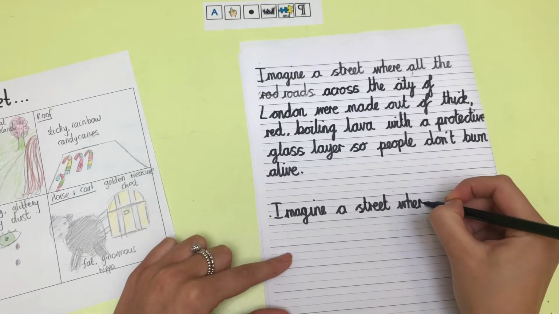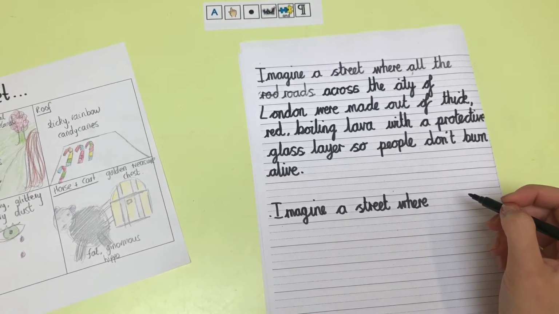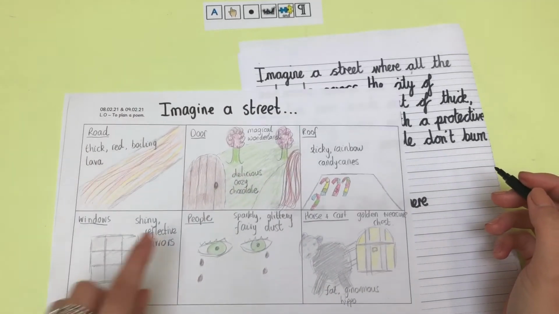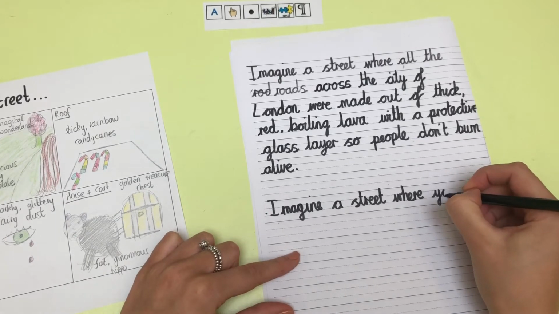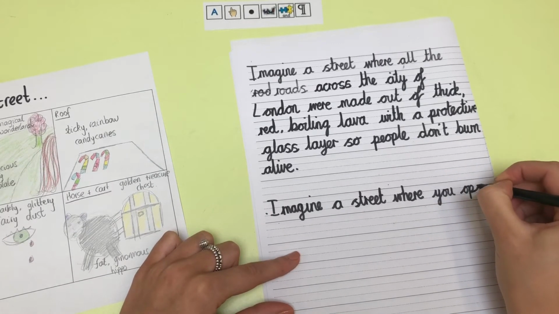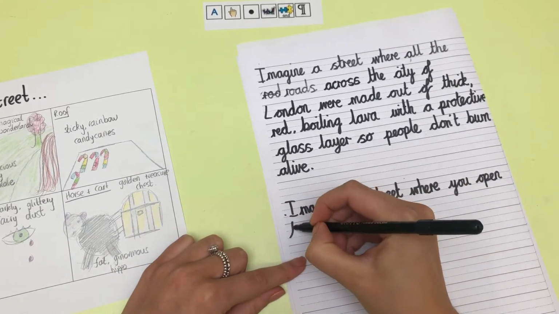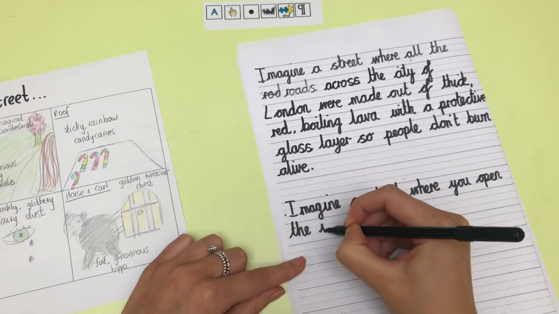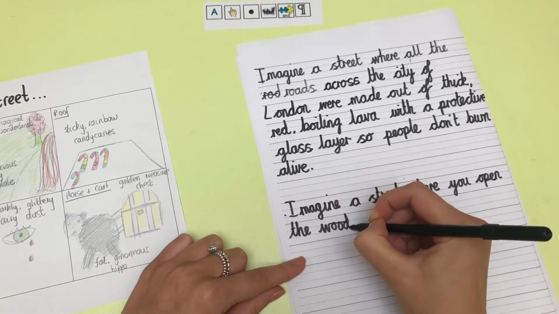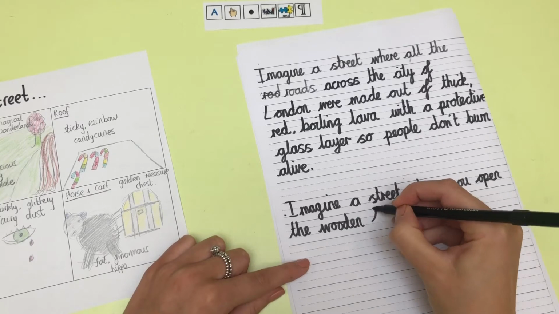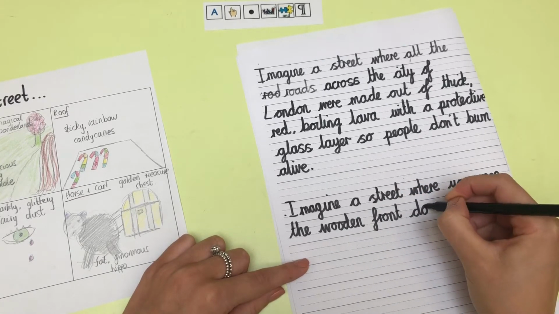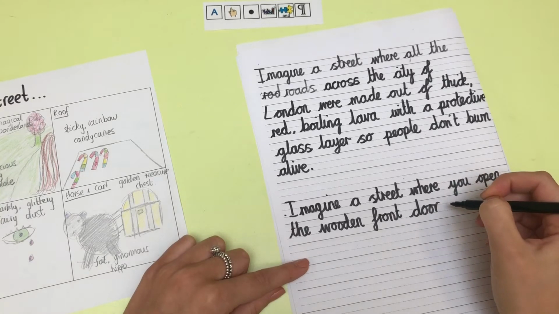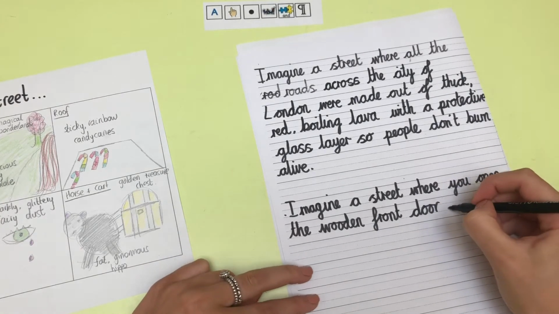Imagine a street where you open the wooden front door, because that's what we have to open first, where you open the wooden front door and you step inside.